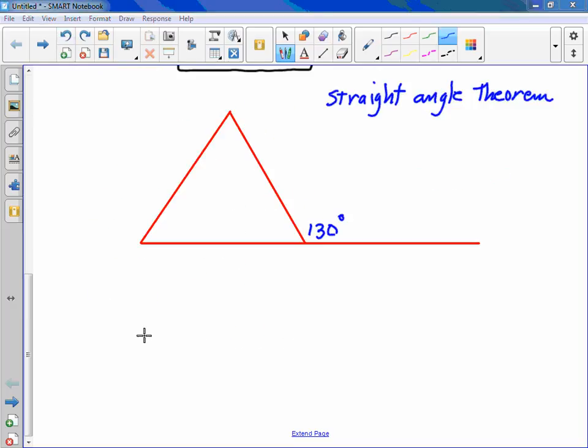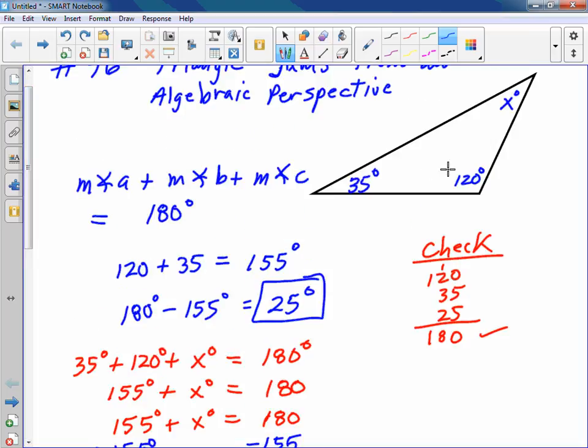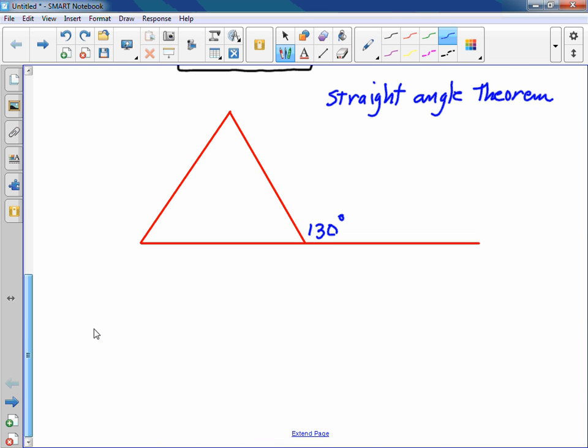Okay, the next part of our discussion is about the straight angle theorem. Remember up here we had the triangle sum theorem where the sum of the three interior angles of a triangle equals 180 degrees. Now we have the straight angle theorem, and it says that anytime you have two angles that come together to form a straight line, like this 130 degrees and this angle here, they also equal 180 degrees.